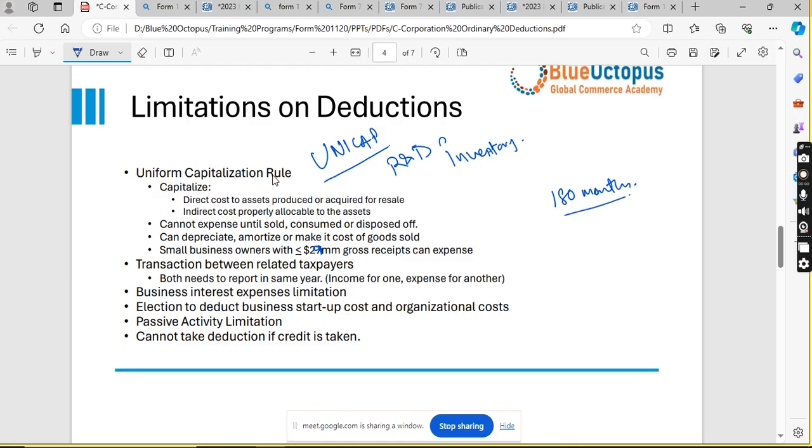The rule is, if there is a startup cost or organizational cost, separately, let's say, so let's take three scenarios. Let's say the total startup cost is 10,000 in scenario 1, 52,000 in scenario 2 and 60,000 in scenario 3.